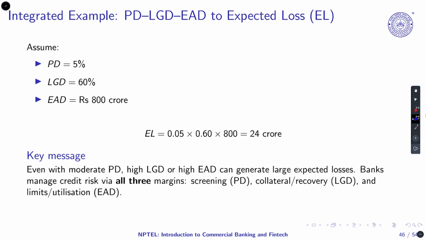Even with moderate probability of default, high LGD or high EAD can generate large expected losses, and this is where it plays a very important role. And in order to deal with this, there will be the role of agency theory. Your bank will be paying more attention so that they do not go for adverse selection, and moral hazard will be playing a role here.